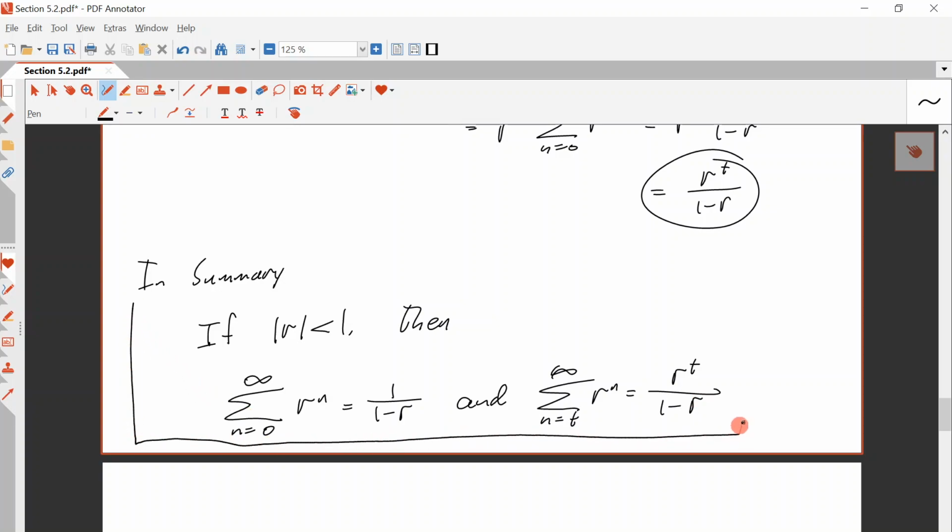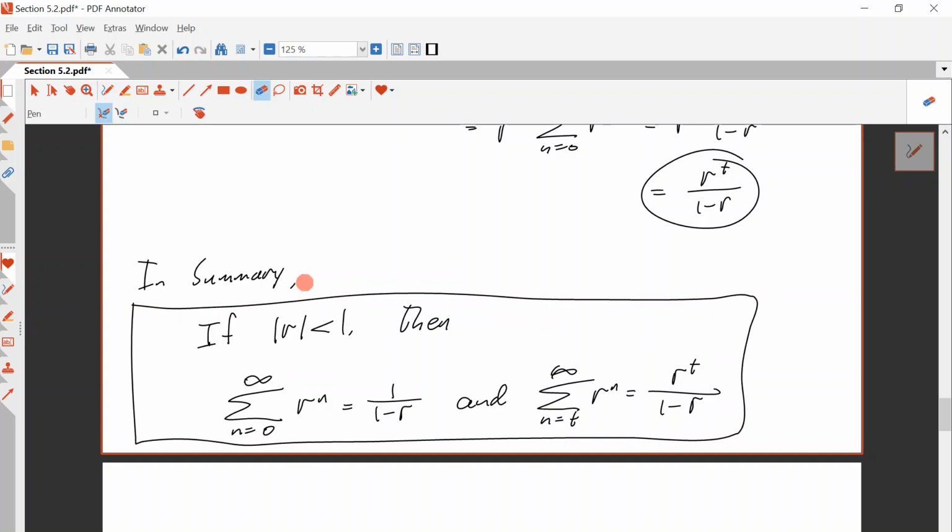So that's the essential property of the geometric series. Okay? If that ratio is less than 1, then the geometric series starting at r to the 0 is 1 over 1 minus r, and the geometric series starting at r to the t is r to the t over 1 minus r.